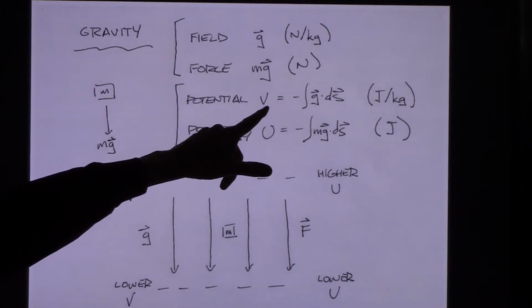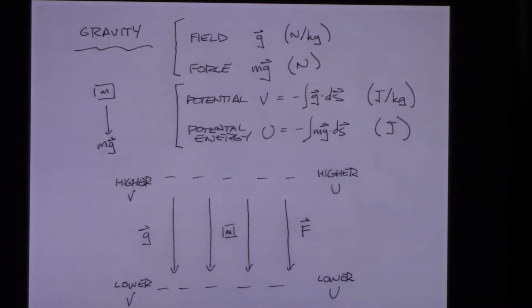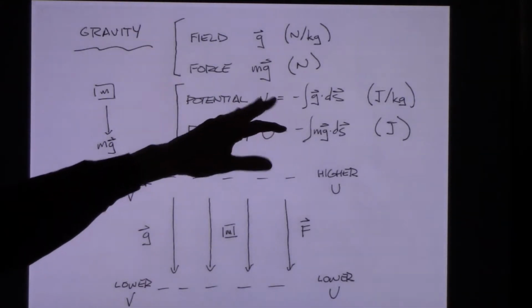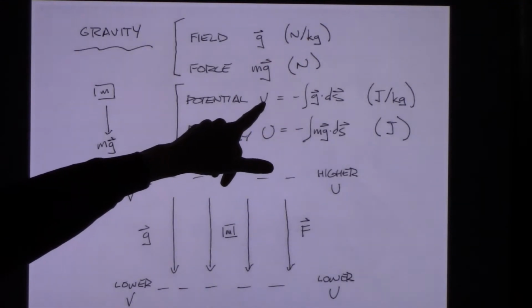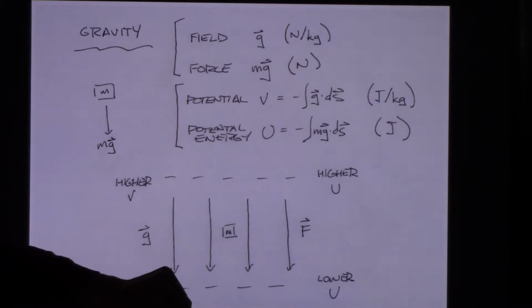Now, the symbol here is V, and the potential energy symbol is U, so that means that we use the same symbols for potential energy both in the gravitational case and the electric case, and we use the same symbol for potential. The potential comes from integrating along the gravitational field.